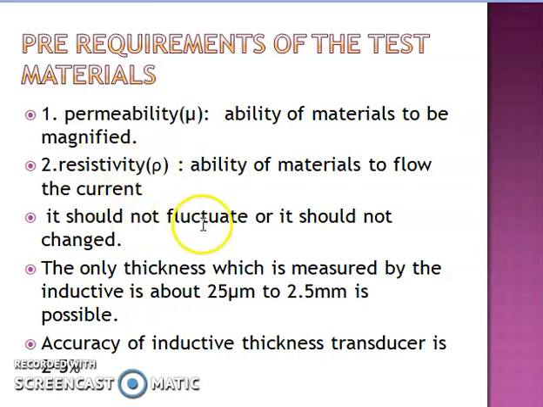These should not fluctuate or change. The thickness that can be measured by the inductive transducer is about 25 micrometres to 2.5 mm, and the accuracy of the inductive thickness transducer is 2 to 5%.